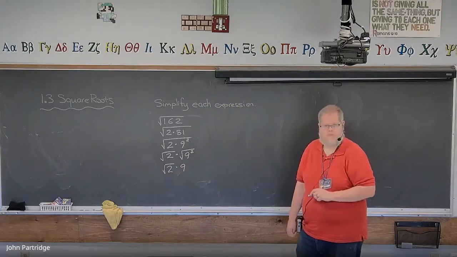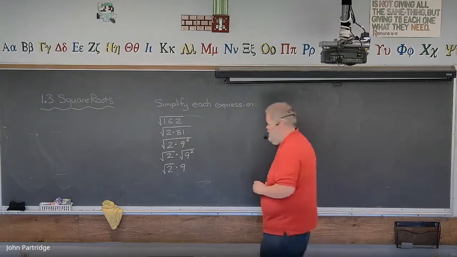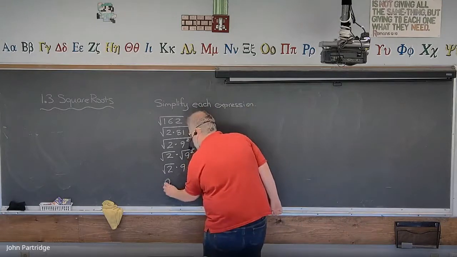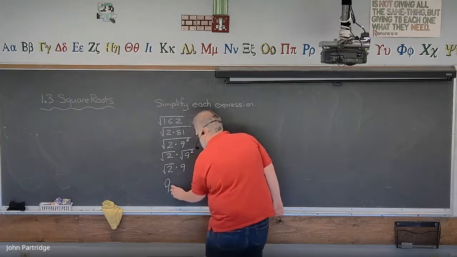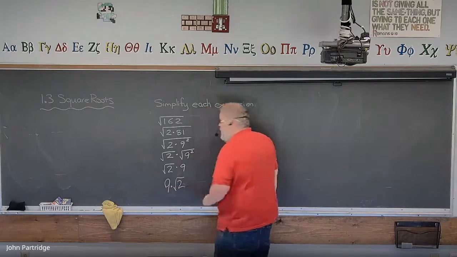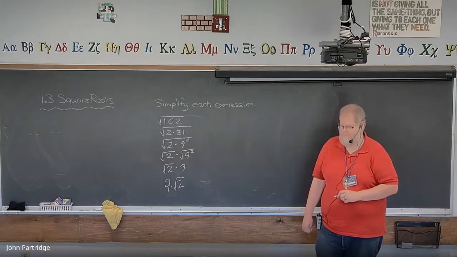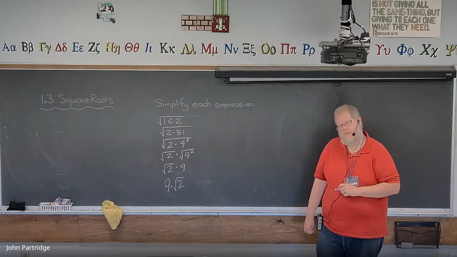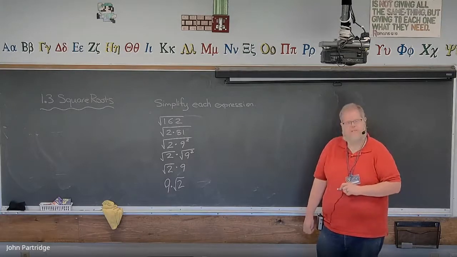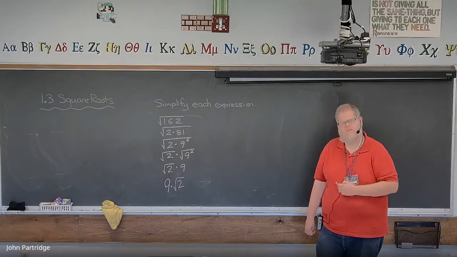Square root of 2 times 9. Final answer: 9 square roots of 2. Pause the video, get with a friend, see if you can explain and talk with each other about the steps that I used.